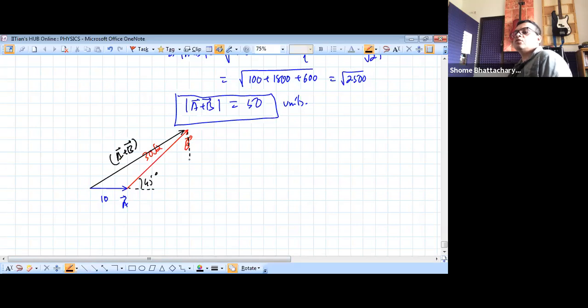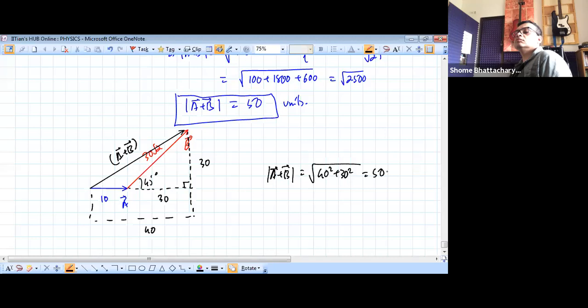So here if we drop this perpendicular, we can see this side is 30 and this side is 30. So you can see that this whole base is 40 and this perpendicular is 30. So we can also see the magnitude of A plus B. So that's another way of doing the same thing.